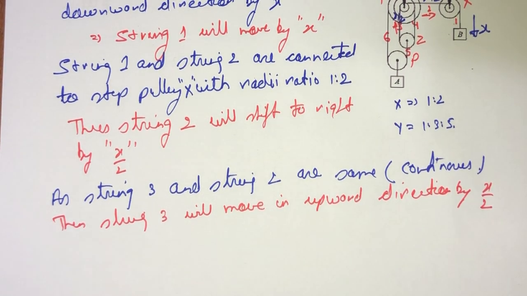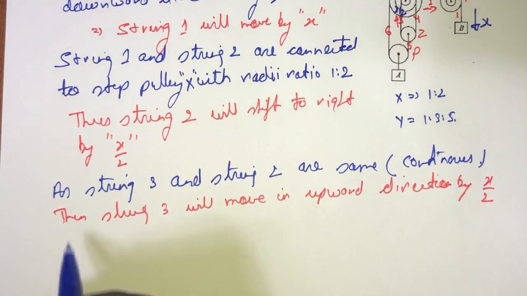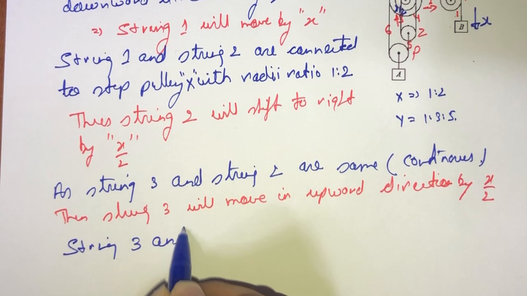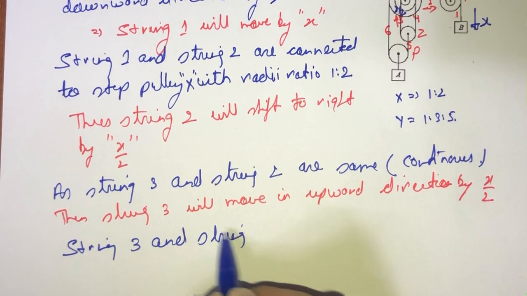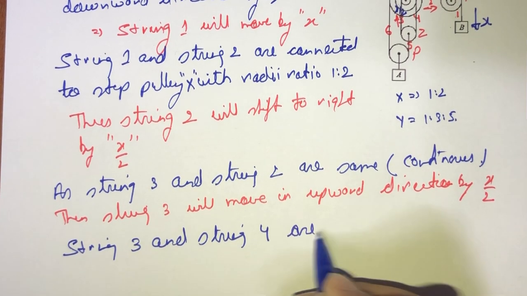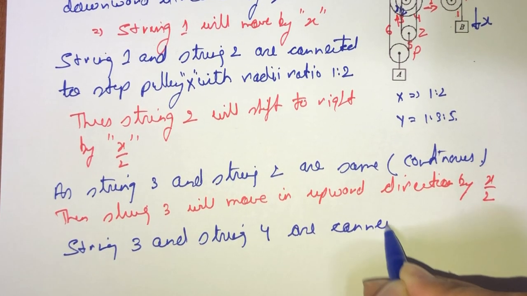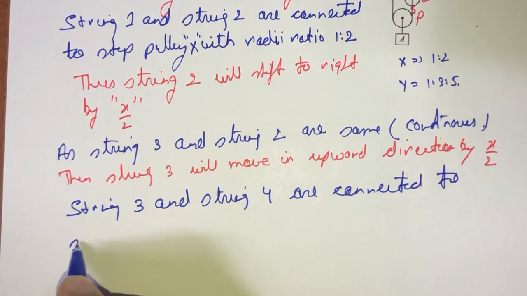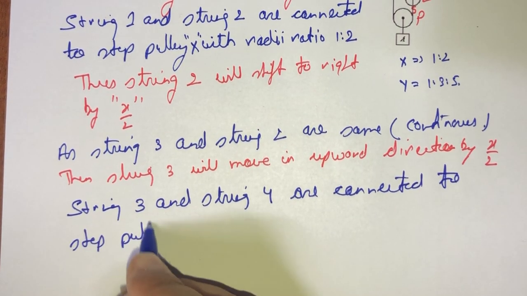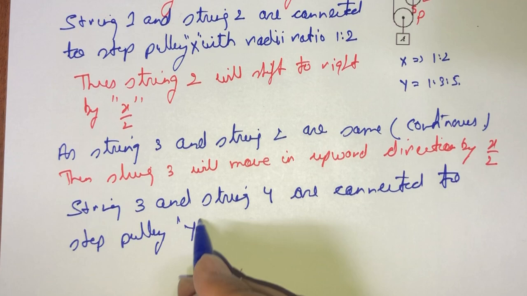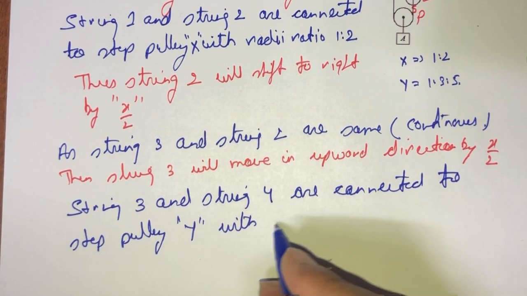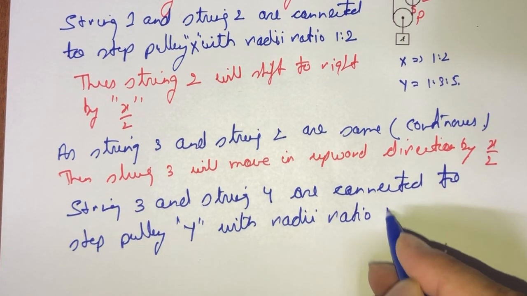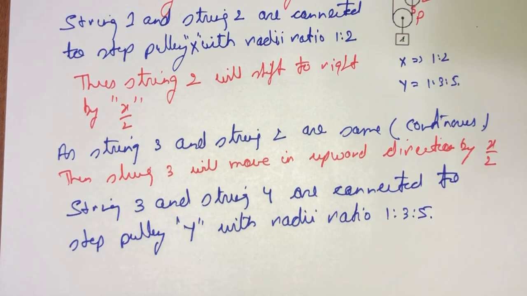So string 3 and string 4 are connected to step pulley Y with radii ratio of 1:3:5.